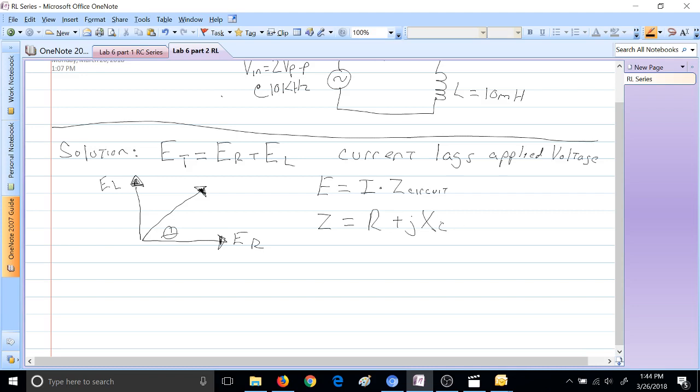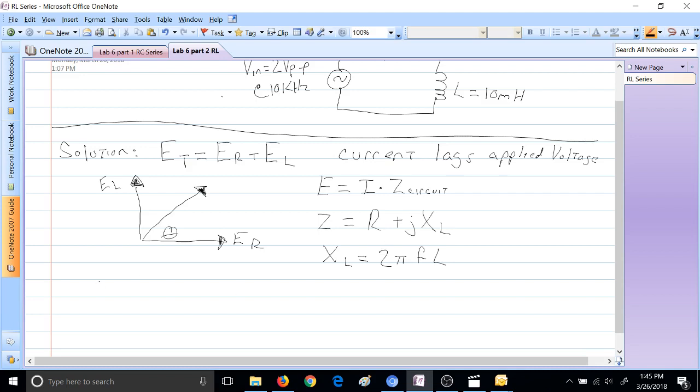I was thinking of the last circuit. I meant to say inductive reactance. And we know that we can calculate inductive reactance using the formula 2 pi times the frequency times the actual inductance. All right, and so we have everything given to us now to actually solve this problem.